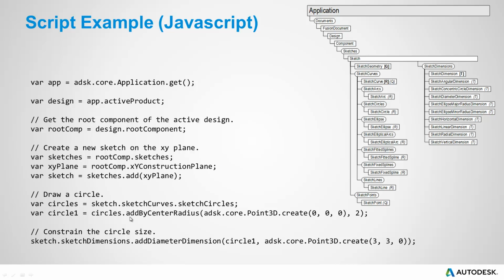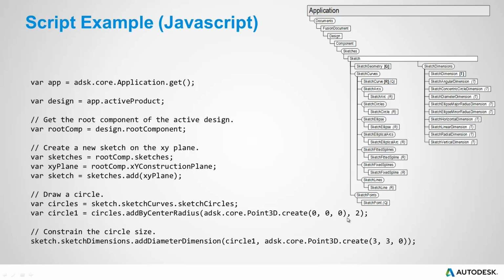I call the add by center radius method on the circles collection, and we pass in a point, and this is a Point3D. It's basically just an API wrapper over an XYZ coordinate. We're calling a static function on this Point3D class and saying we want to create a point at 0, 0, 0. So that's the center point of this circle, and the radius is going to be 2.